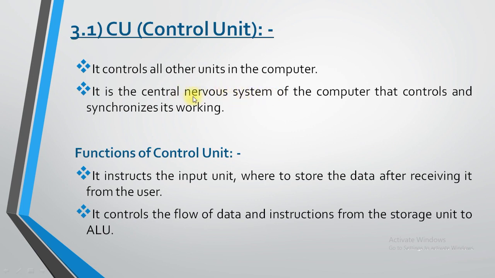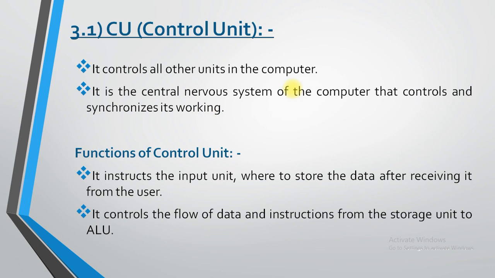Central nervous means a mediator is there, right? So in any computer, it is the central nervous system of the computer which is responsible for the controlling and synchronization of working. Synchronization means merging, right? We are going to synchronize the function of the CPU with the CU.